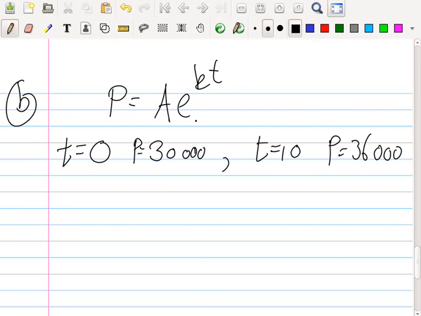Some people, and they're right if they want to, make t equals 2000 and t equals 2010. Although this just makes things a good bit more difficult for you. In these situations, you can just make note here that t equals 0 represents the year 2000.